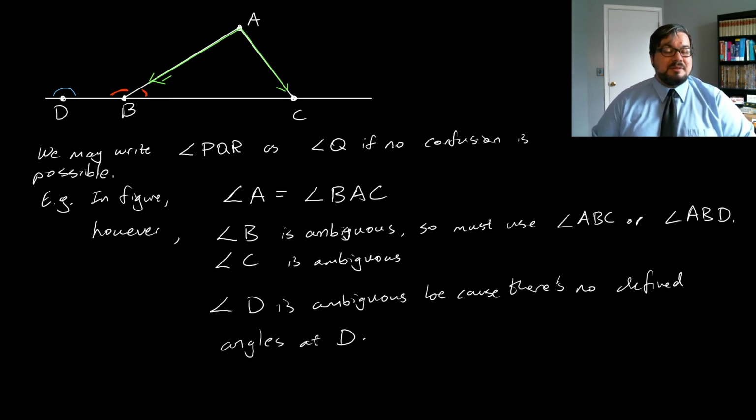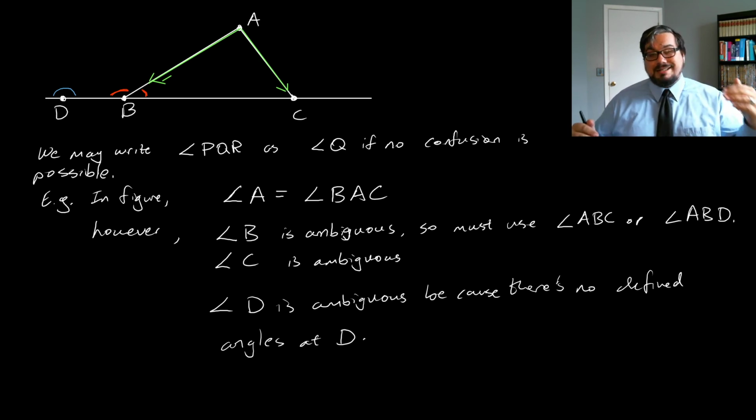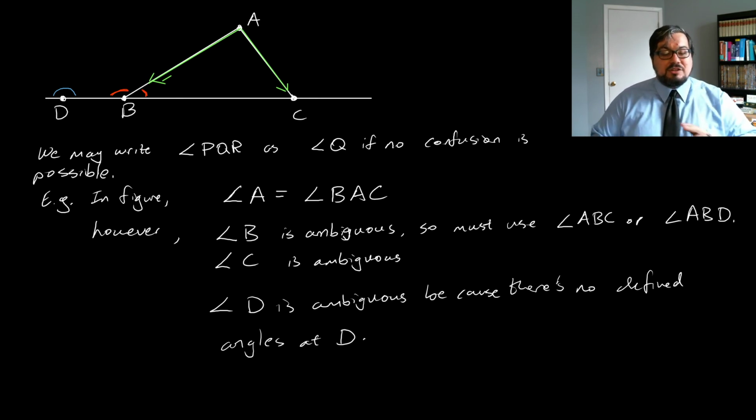In particular, none of our angles are going to be straight. When we get into measuring them, all of our angles are going to be strictly between 0 and 180 degrees. Not equal to 0 degrees, not equal to 180. So for us, a straight angle is not an angle, and therefore this figure has no angles at D.